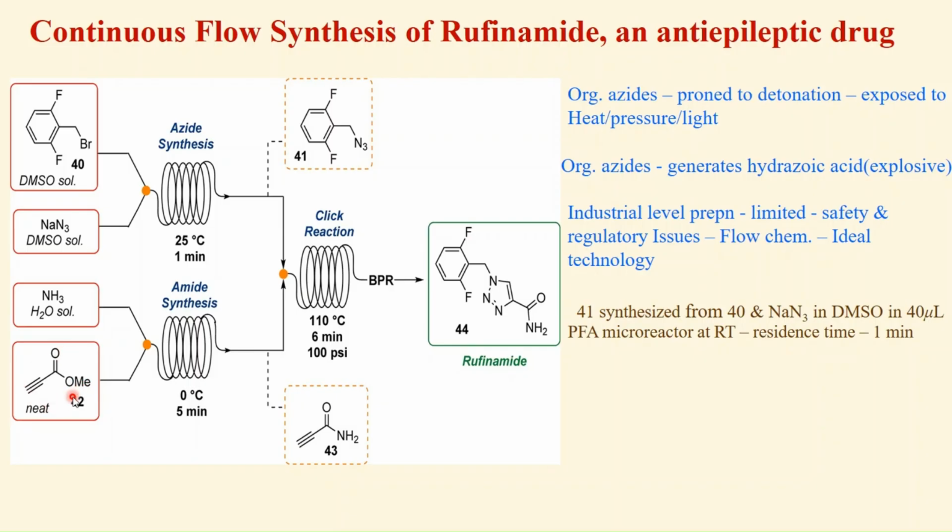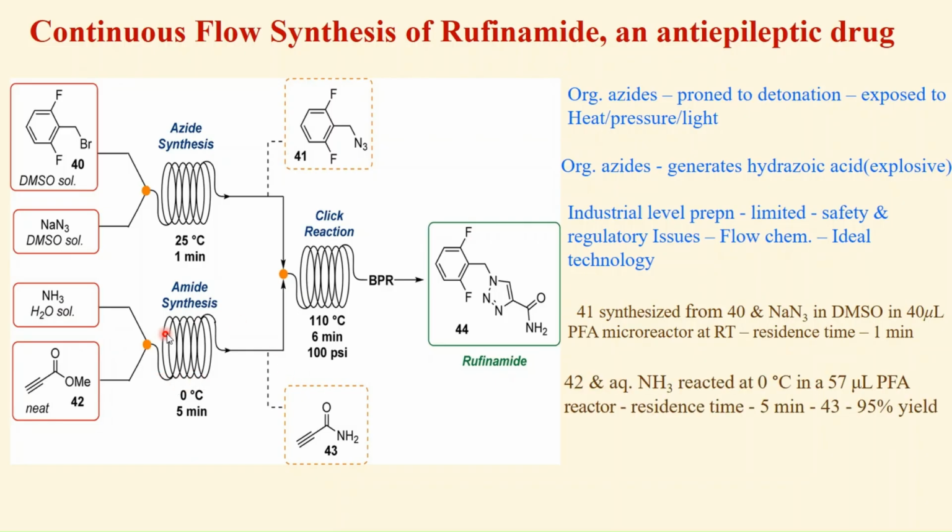Parallelly, methyl propiolate was treated with ammonia solution without any solvent. The methyl propiolate was mixed with ammonia and fed into a 57 microliter capacity PFA microreactor at 0 degree centigrade, and the reaction occurred within 5 minutes.